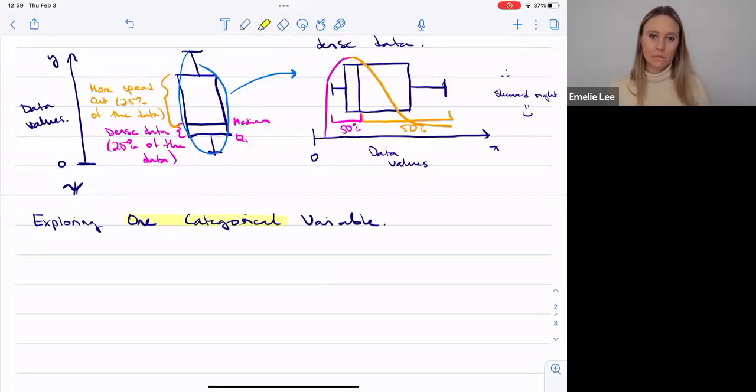Okay. So what we're going to build through and kind of go through are the options for, okay, so one numerical variable we just talked about, one categorical variable. What if I have two numerical variables, right? Then what are my options? What can I do? What am I looking for? What if I have two categorical variables? Then what can I do? What am I looking for?